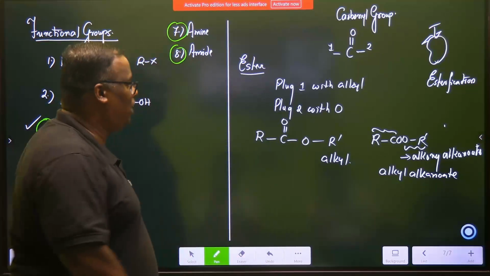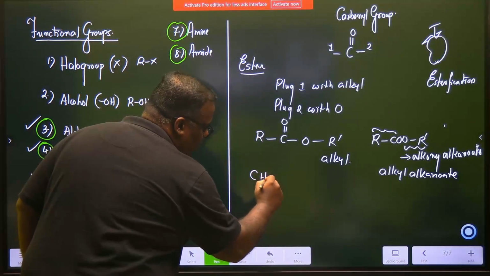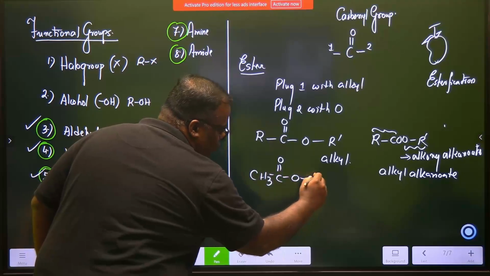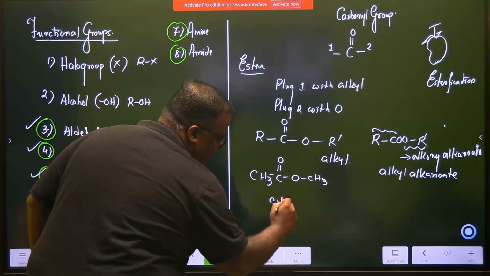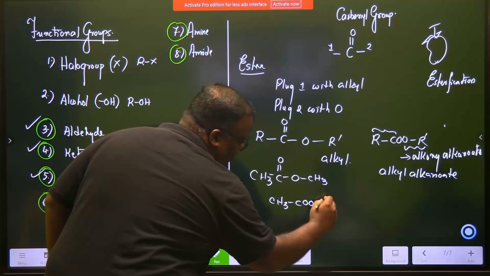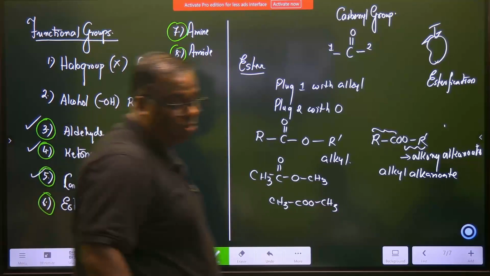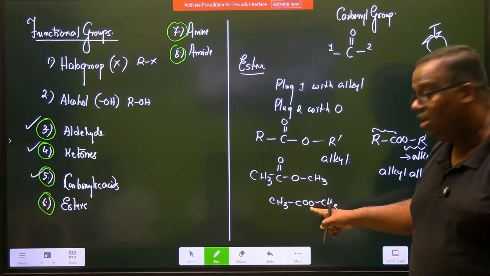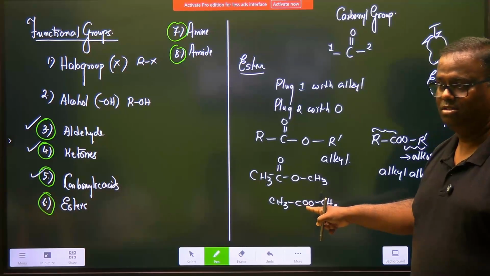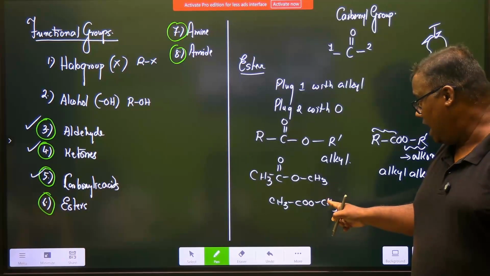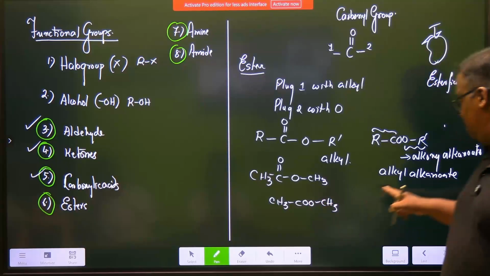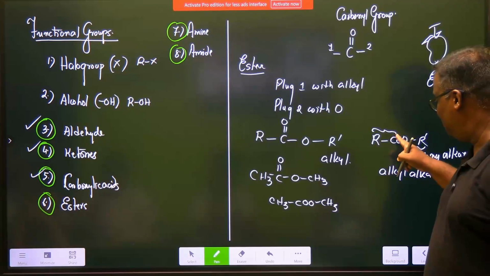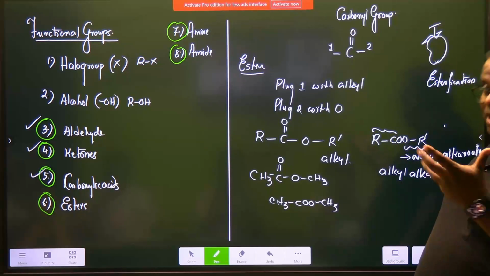Let's see one product. CH3, C, double bond O, O, CH3. Can also be written as CH3COOCH3. Can we guess what will be its name? Trivial will be methoxy ethanoate. Alkyl group attached to oxygen is called alkoxy. And alkyl group with the carbon is called alkanoate.